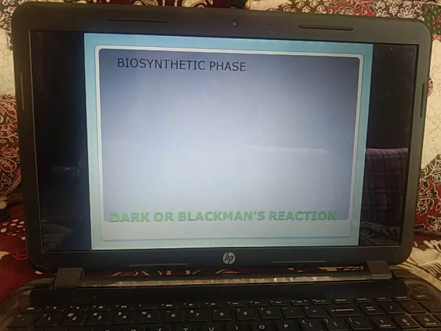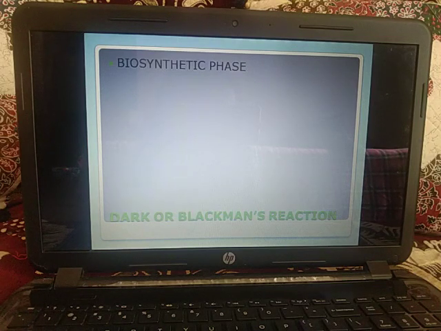Now we have the biosynthetic phase, that is the dark reaction or Blackman's reaction. It catalyzes assimilation of carbon dioxide to carbohydrate. That means carbon dioxide is assimilated and converted into carbohydrate. The reaction is called carbon reaction.